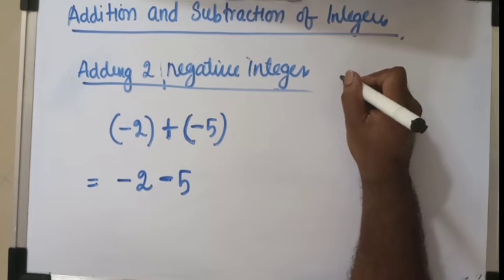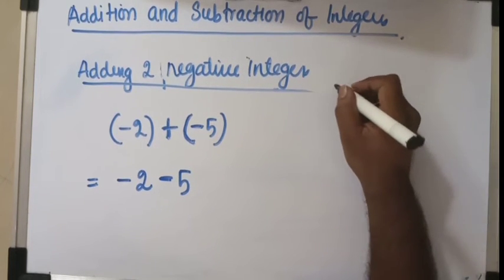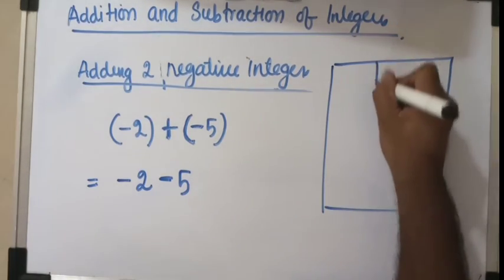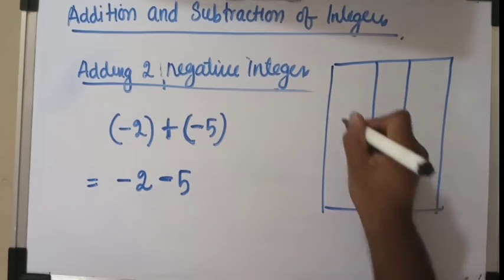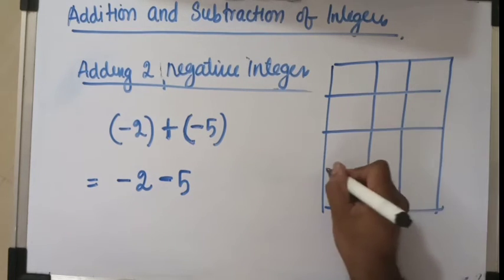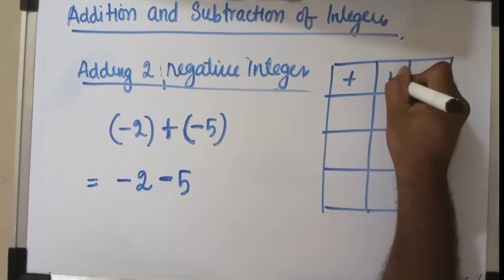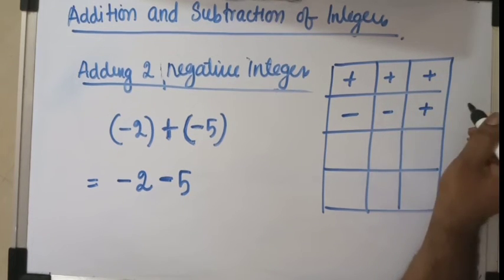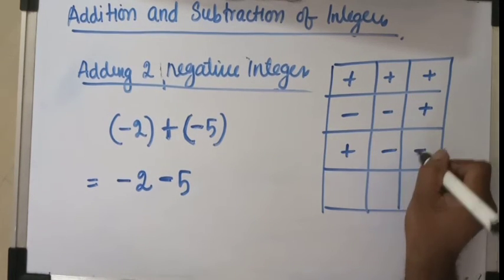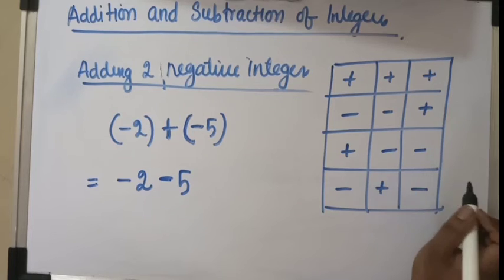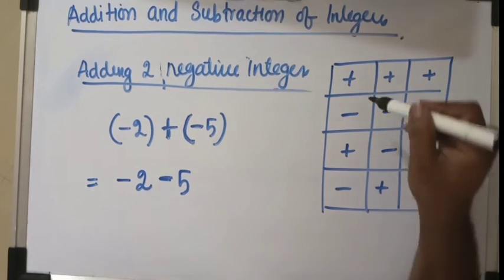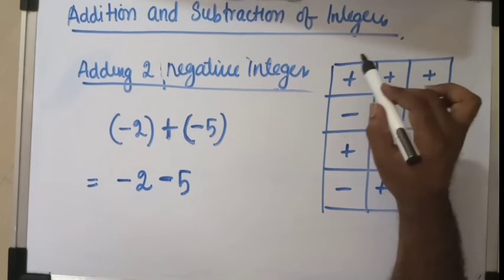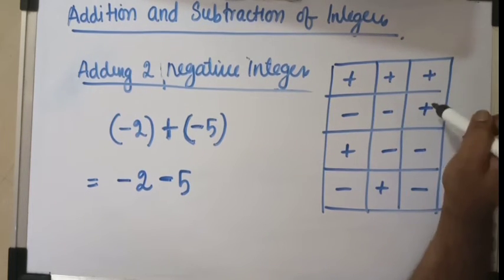Okay, so children, I draw a table here. You need to remember this table. Plus plus gives you plus, minus minus is plus, plus minus is minus, minus plus is minus. Remember this. So when both the signs are the same, you need to add.